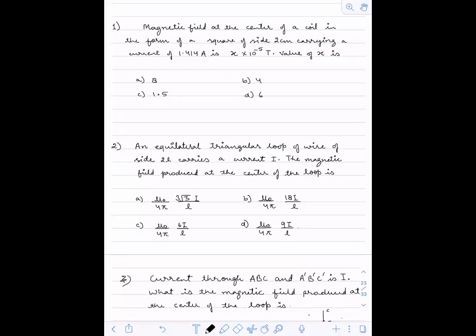The answer is B, okay, 4. Fine. You have to calculate the magnitude of the magnetic field at the center when the current flowing through the wire is 1.414. So you can solve that because that's a very easy question. Fine. You can solve this question.